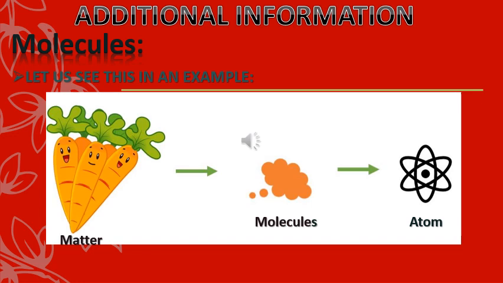In the example given in front of you, matter is made up of molecules and molecules are made up of atoms. Atoms are the smallest unit. When the atoms of the same kind join together, they form molecules, and when molecules of the same kind join together, they form matter.